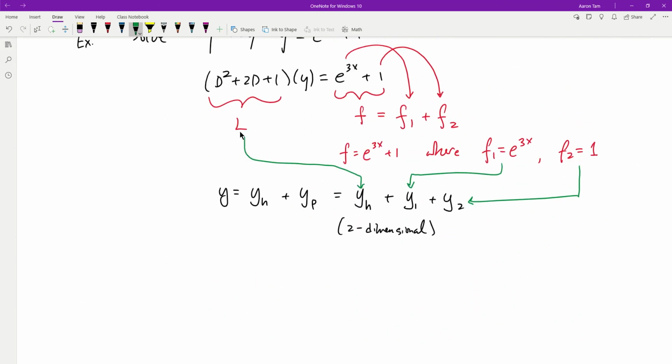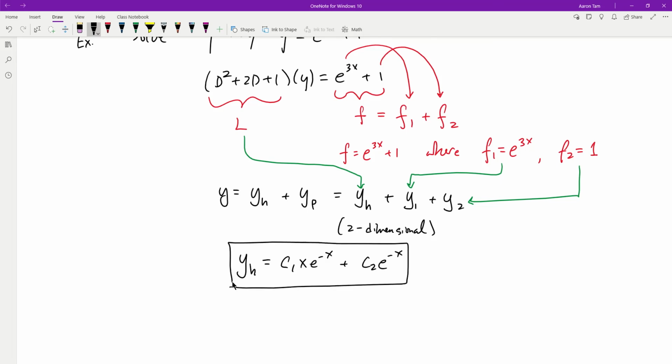We already know that y sub h is c1 x e to the negative x plus c2 e to the negative x. That doesn't change because it is unique to the differential operator d squared plus 2d plus 1. If you're doing any differential equation with d squared plus 2d plus 1 as the linear operator, you always have the same exact homogeneous solution right here.